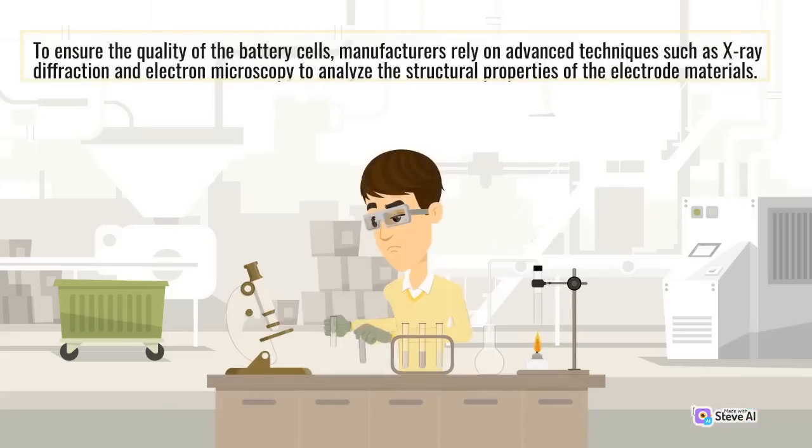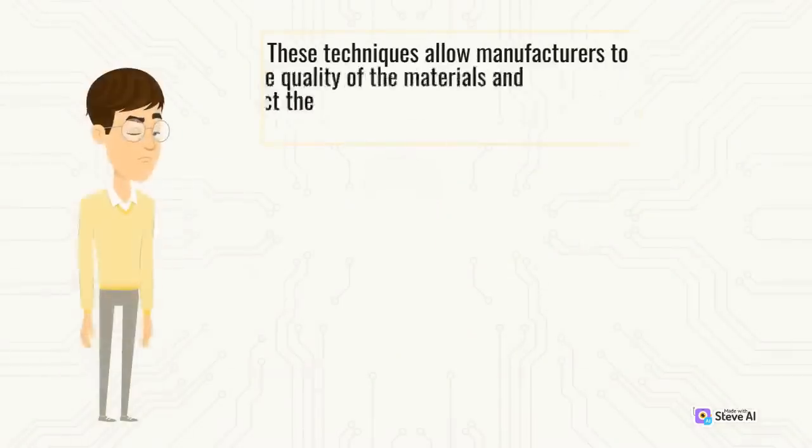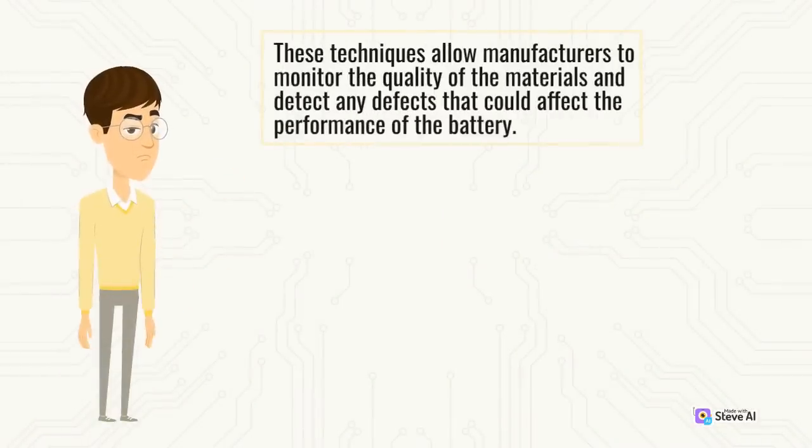To ensure the quality of the battery cells, manufacturers rely on advanced techniques such as X-ray diffraction and electron microscopy to analyze the structural properties of the electrode materials. These techniques allow manufacturers to monitor the quality of the materials and detect any defects that could affect the performance of the battery.